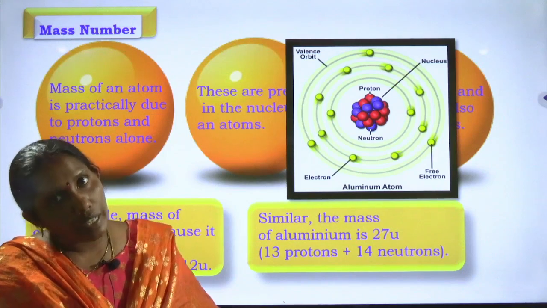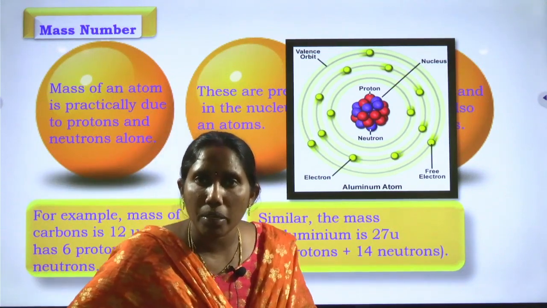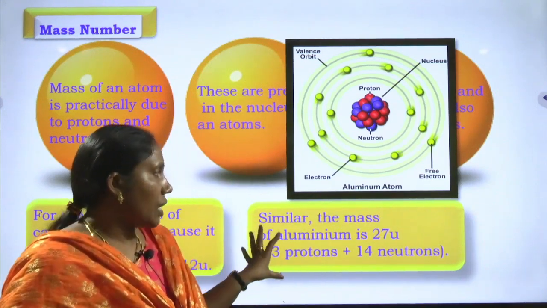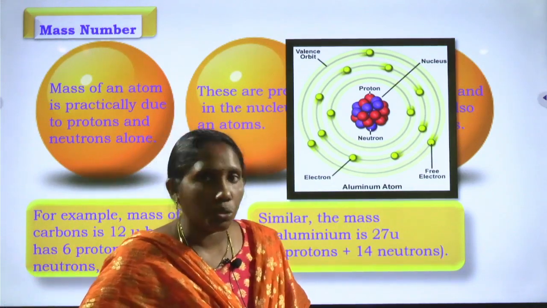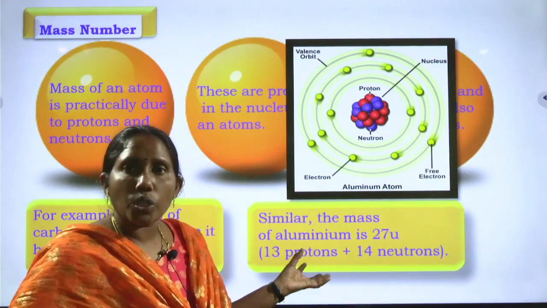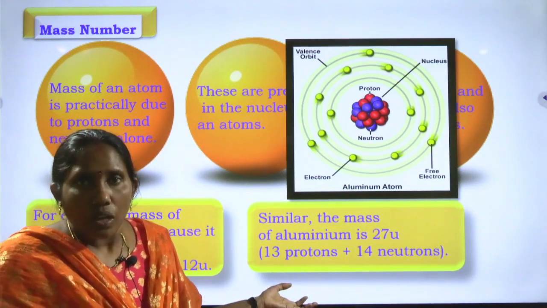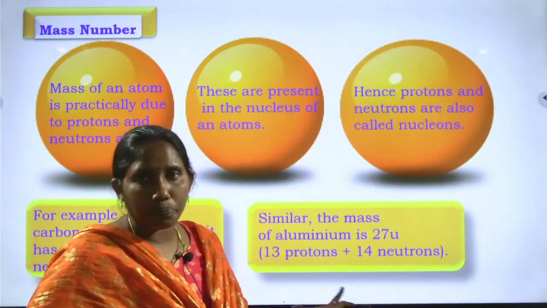That's why out of 27, 13 are protons. The remaining 14 represent the neutrons, right? So the 27 atomic mass units, nowadays represented with a small u, is 13 protons and 14 neutrons. Totally it is 27 u. For aluminium, the mass number is 27.